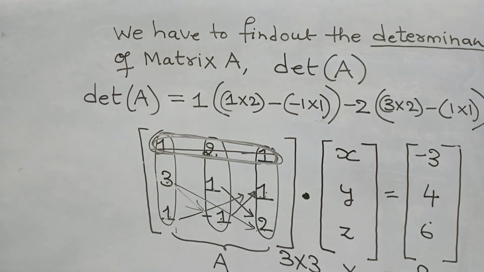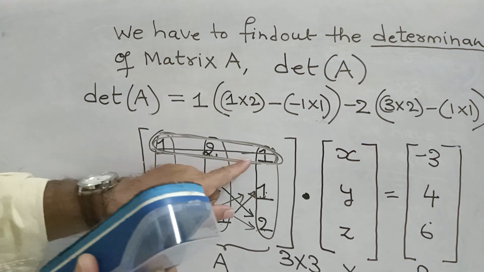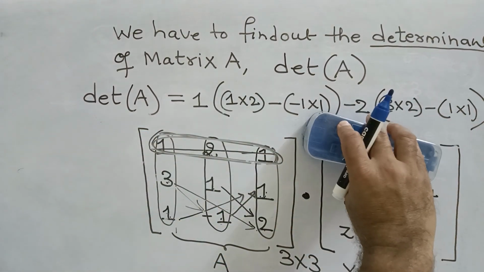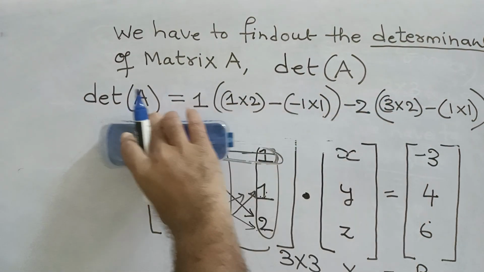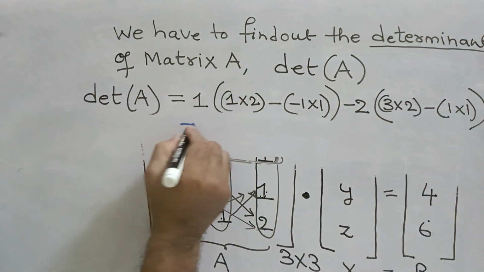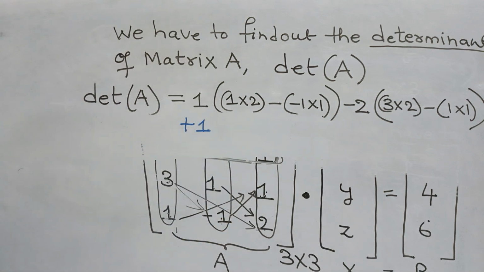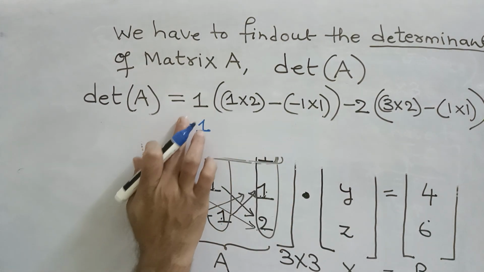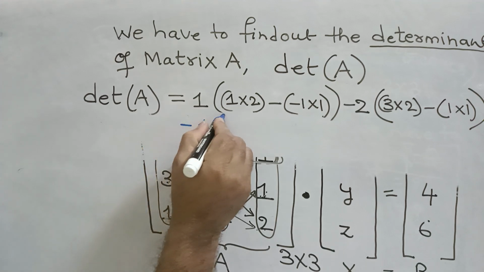This is minus 1, no? Normally you have to write plus 1 actually, but as the minus is there, plus into minus, therefore you will get minus here.